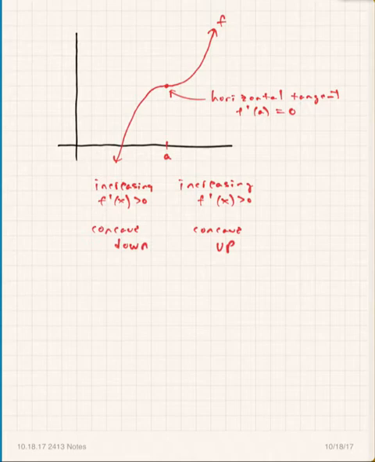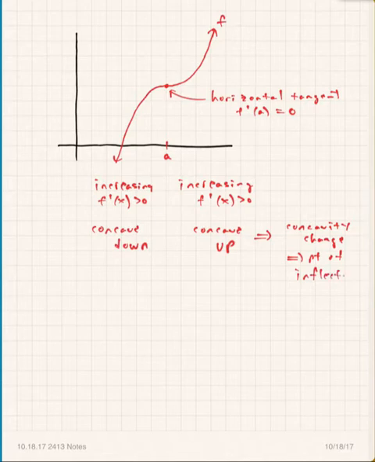That point, when the concavity changes, that kind of point is called a point of inflection. And because of this change in concavity, we have a point of inflection at (a, f(a)).